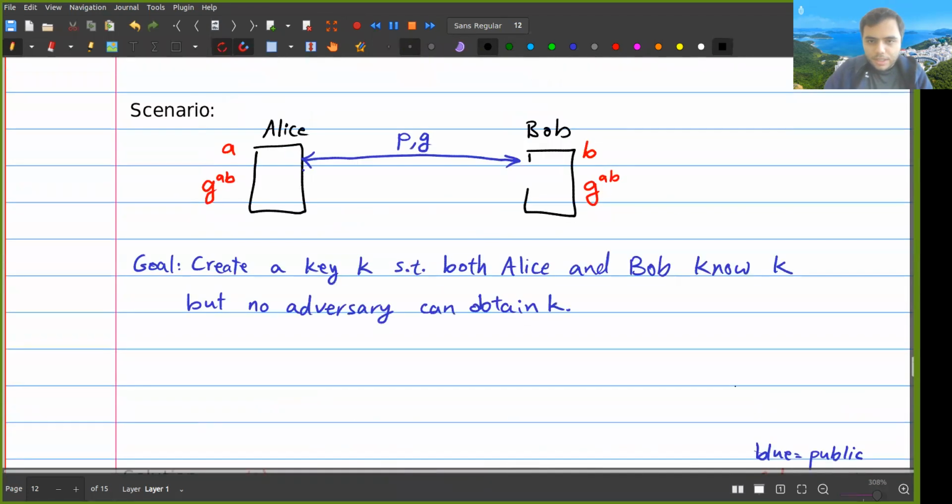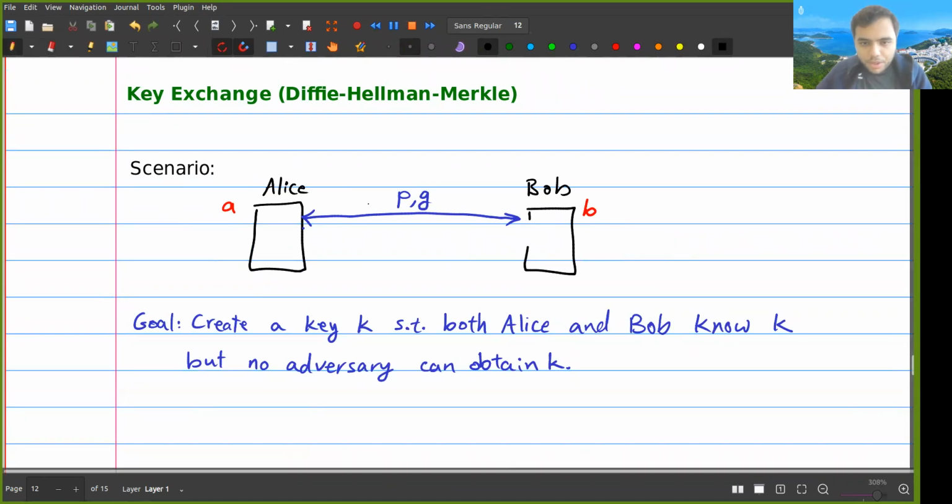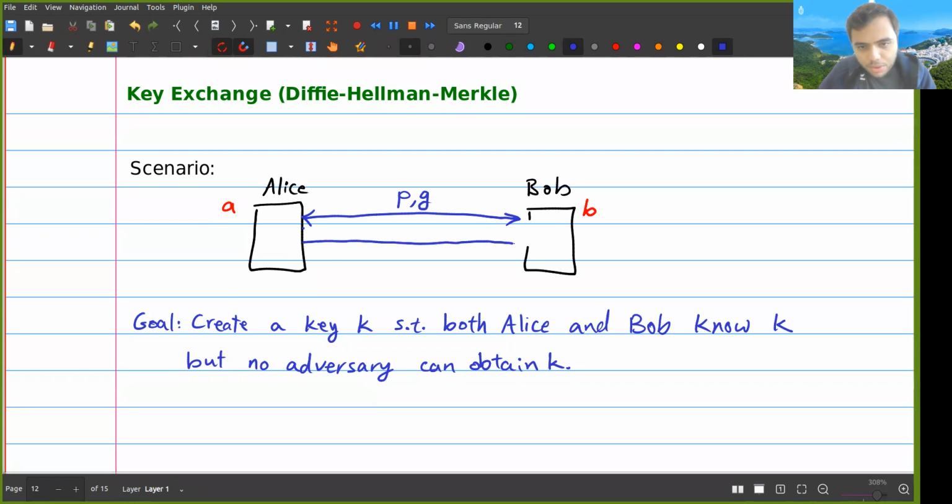So let's see what's happening here. So this is the situation that we have. Alice knows A, Bob knows B, everyone knows P and G. So Alice can compute G to the power of A modulo P because Alice knows all three of these things. So Alice can compute G to the power of A and send it to Bob.